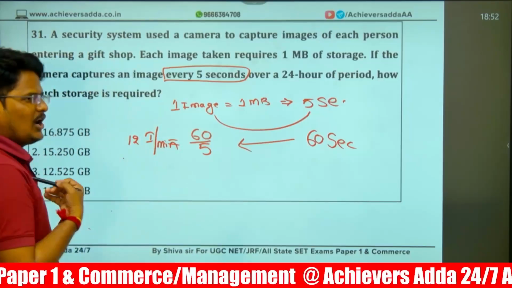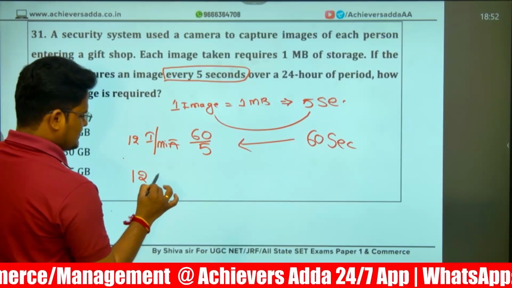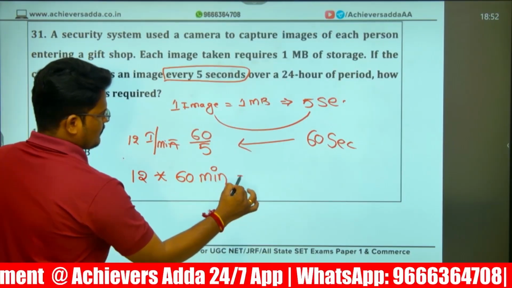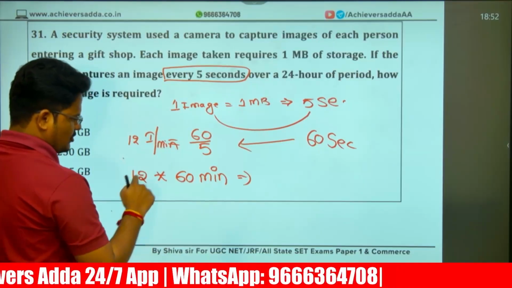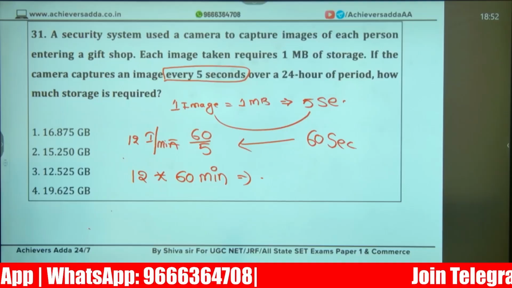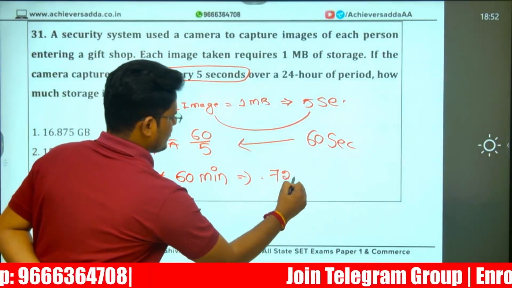So per 1 hour, how many minutes? 60 minutes per hour. 12 images into 60 minutes, how much? 720. 12 sixes are 72.